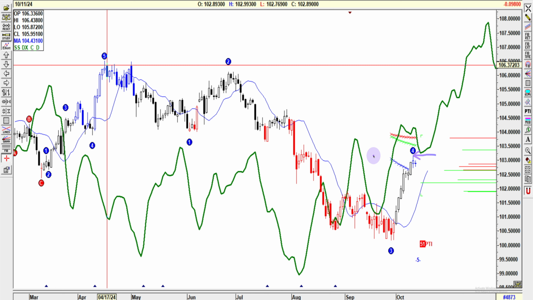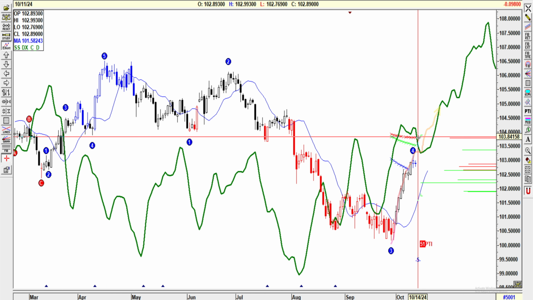You see these little lines right here? It's indicating that the only way this count will be void from a wave 4 is if we have a close above 103.84.